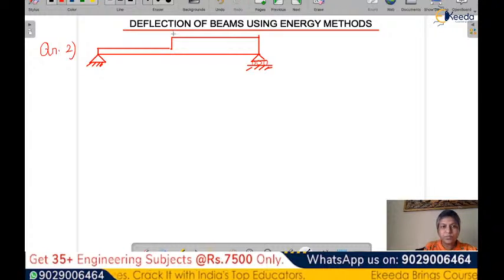And at this point there is a 60 kilonewton load acting. So that is a 60 kilonewton load. And here the span is EI, and this is 2EI. And this span is 4 meter. This span is 4 meter.